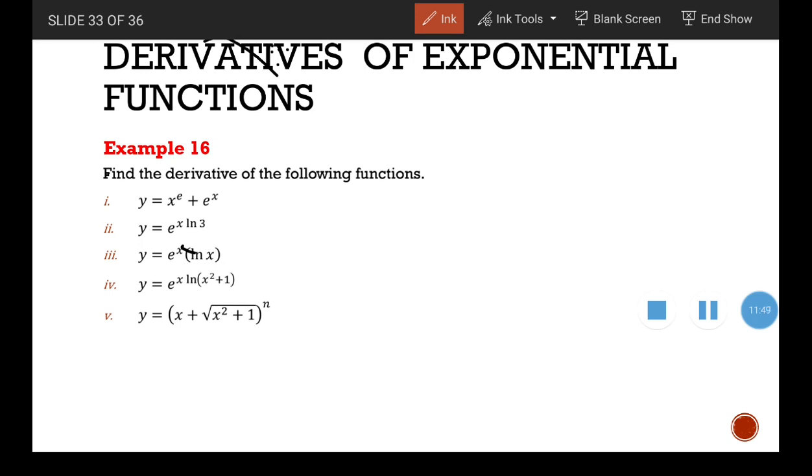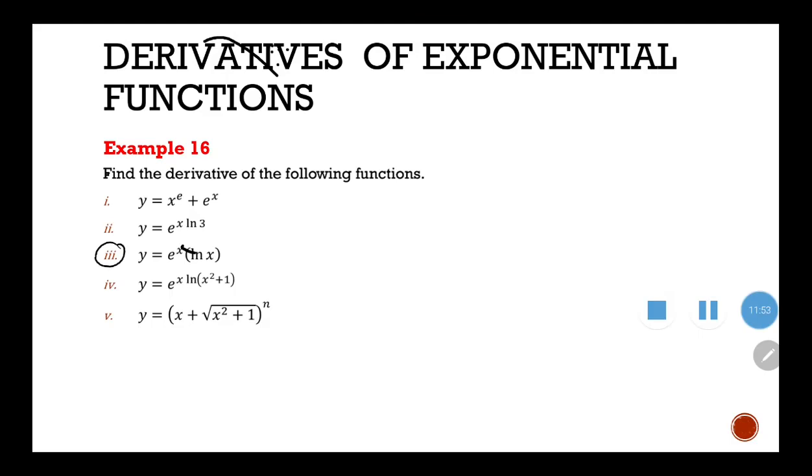Okay, so now we're going to solve question 3, which is y equals e to the power of x times ln x. Looking at this equation, you can see that it is a multiplication of two functions.